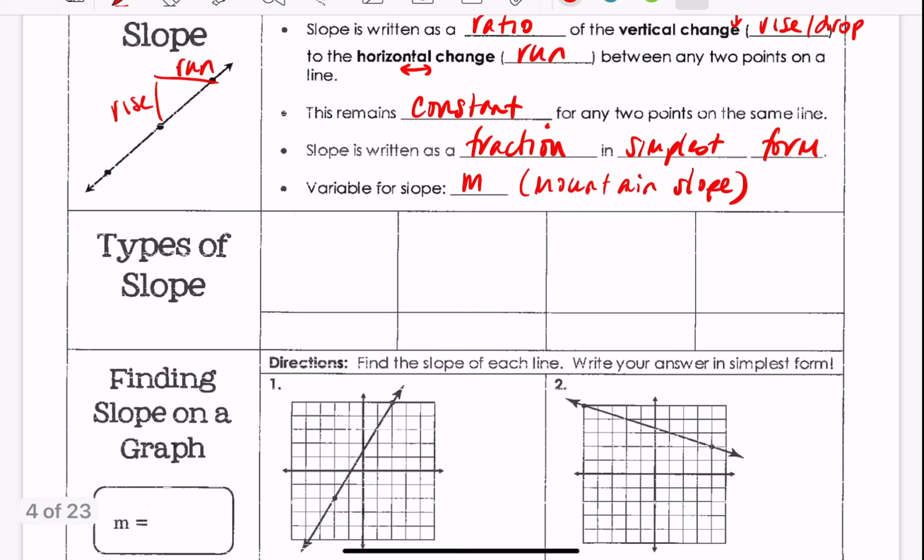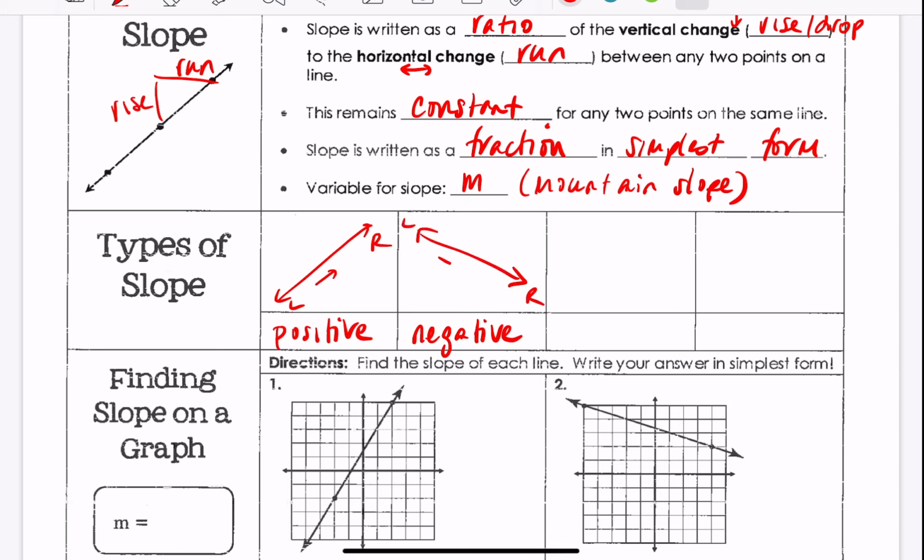Okay, so let's go back to types of slope. We did positive and negative in our examples. So positive is when I have a line and from left to right, it goes up, it's positive. Negative is when I have a line and from left to right, it goes down, it's negative.